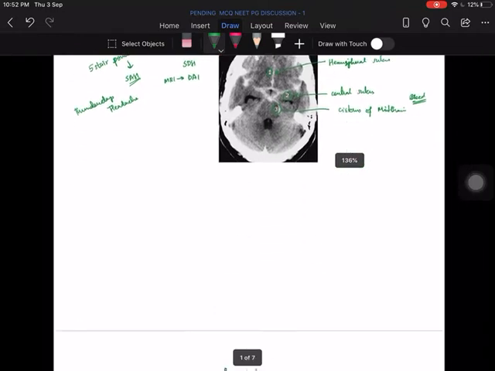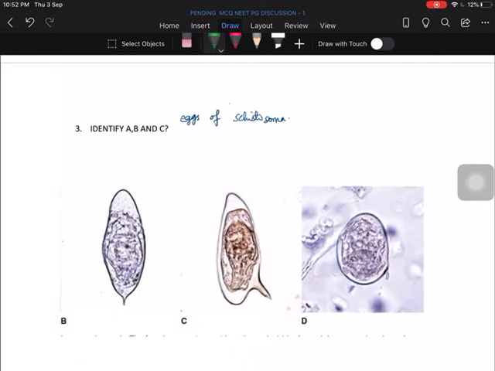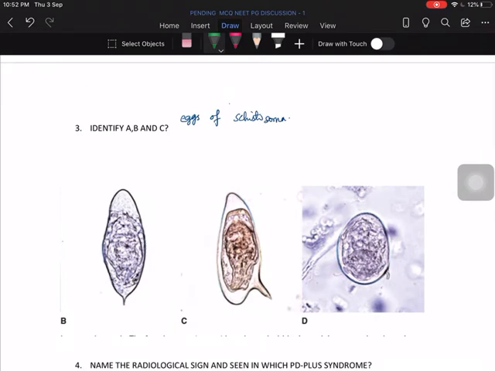Next. These are A, B, C, which are different eggs of schistosoma, so you have to identify them. In the first image you see a terminal spine. In the second image the spine is lateral, and in the third image you see a small spine that is known as a rudimentary spine.